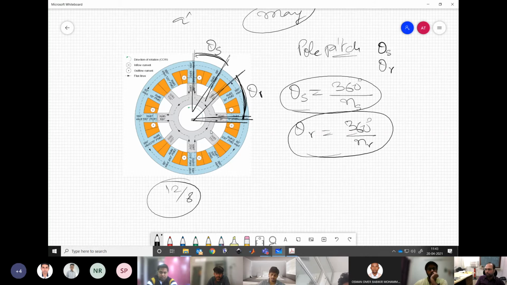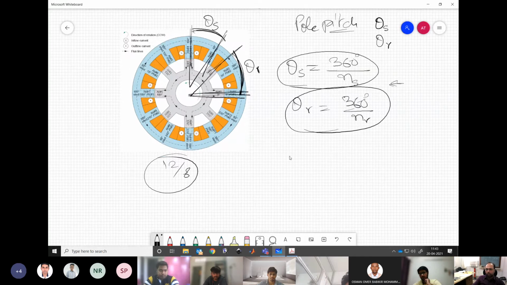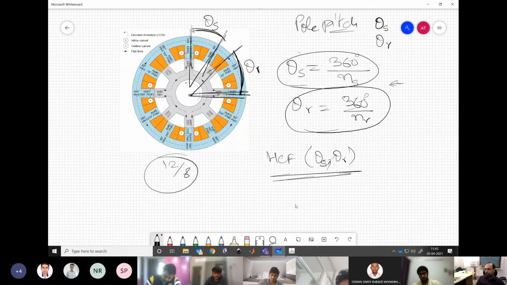This is because it's symmetric. For asymmetric machines, there is a different way. But for symmetric machines, this is how we have it. Now the step angle, you can decide by taking the highest common factor between theta s and theta r. This will be your step angle. So for example, if you have this 12, what is the pole pitch for the stator?